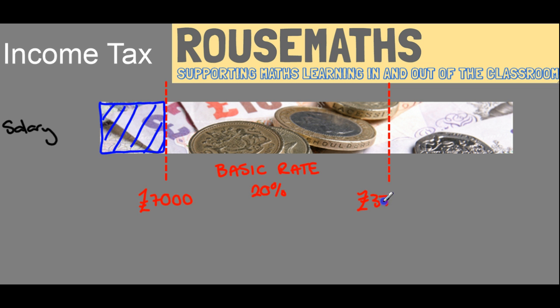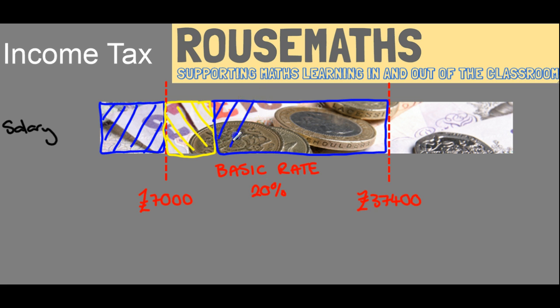I'm sure this video will come out of date very quickly, but that's the amount that you'll get taxed up to 20% on. So you get 20% taken off, and then the rest, the other 80%, you get to keep, and that goes into your bank account.